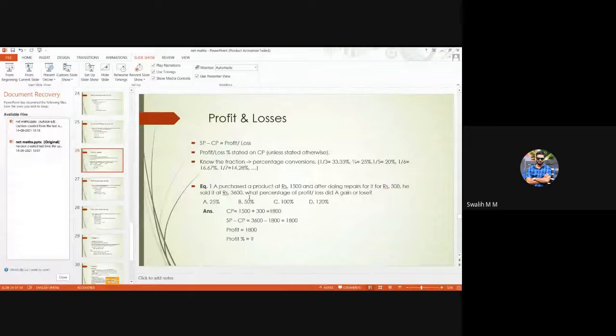Don't jump and write 50%. It should always be in terms of cost price. But if it is asked what percentage of profit in terms of selling price, then you can write 50%. If it is just asked what percentage of profit and loss, then it should be according to cost price. That is 100%.